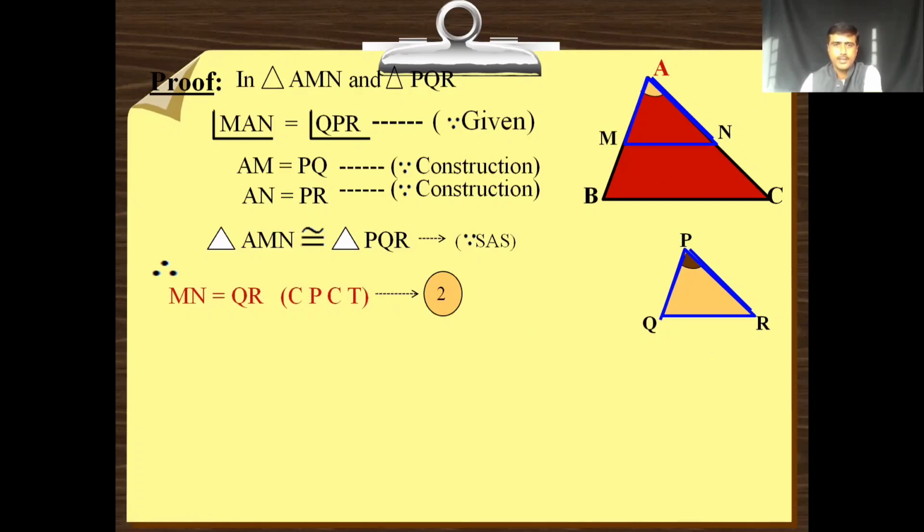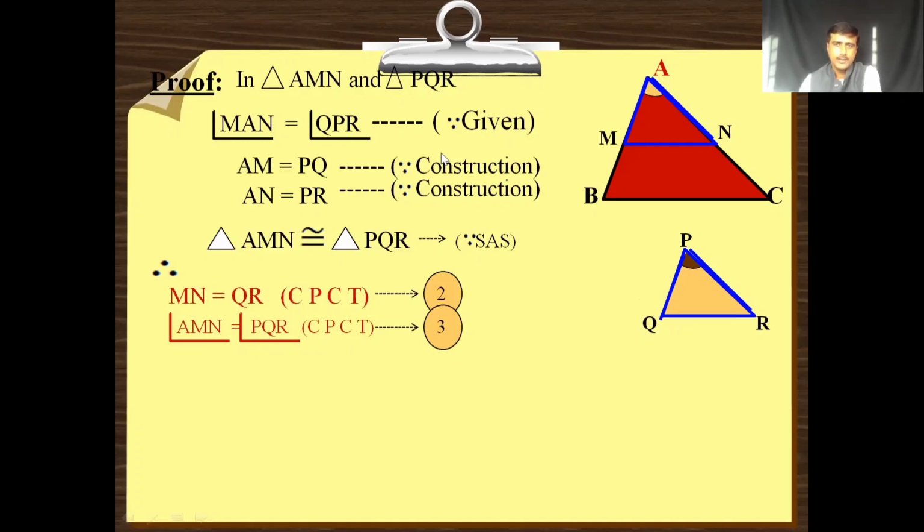And one more I'm taking as CPCT, and it is nothing but this angle M and angle Q. They are also equal, corresponding parts of congruent triangles. Let me give the number to that as equation number 3. What is the advantage of this equation number 3?